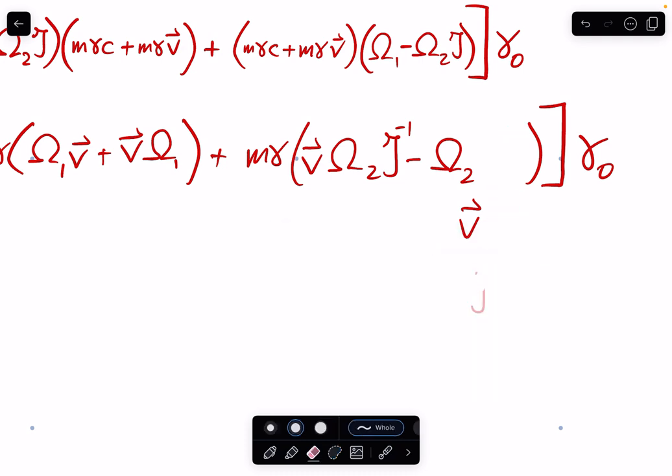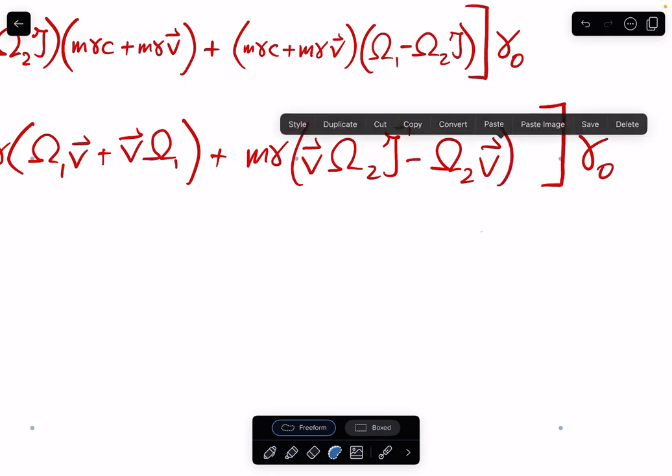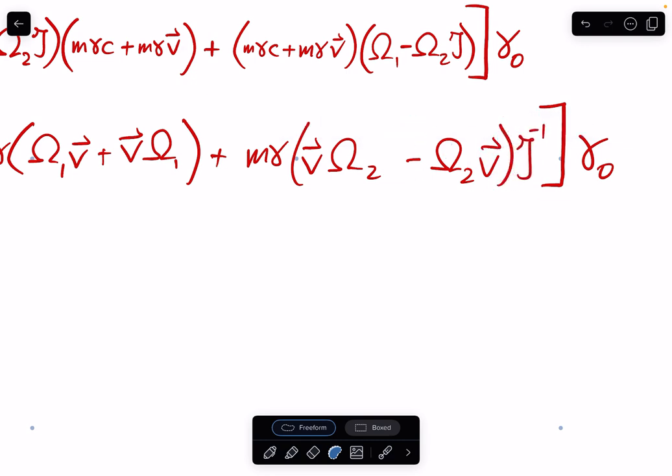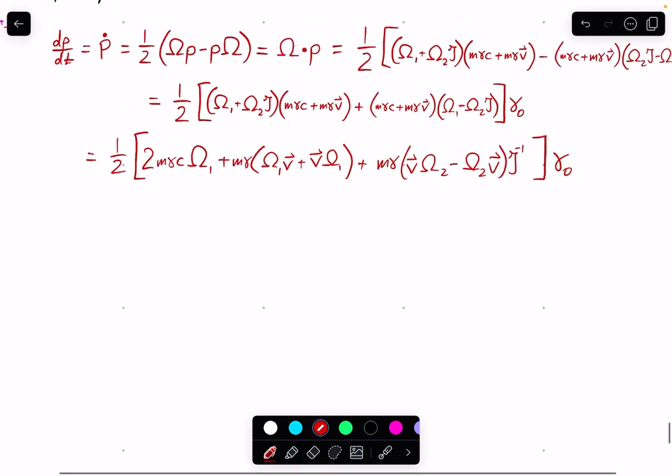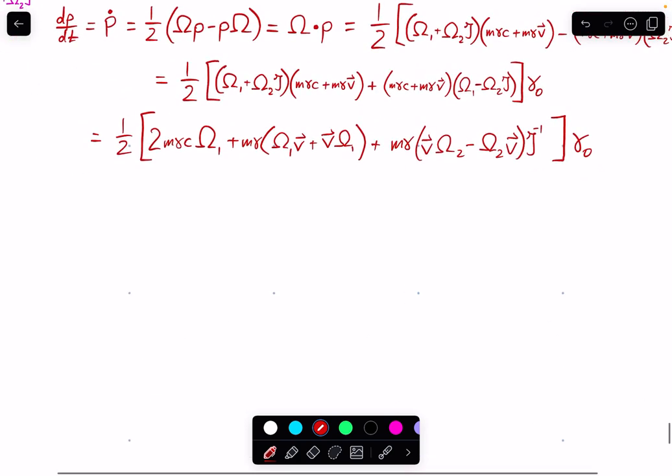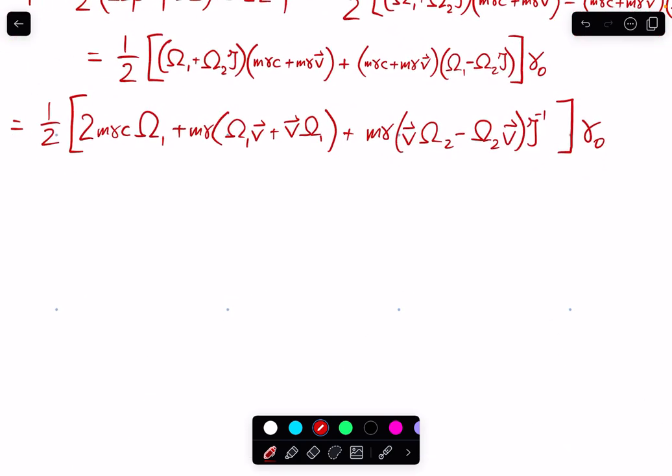So actually what I will do is take this, I'll pull this out. And this is just the definition of the cross product. So we can now distribute this 1/2 into everything here.